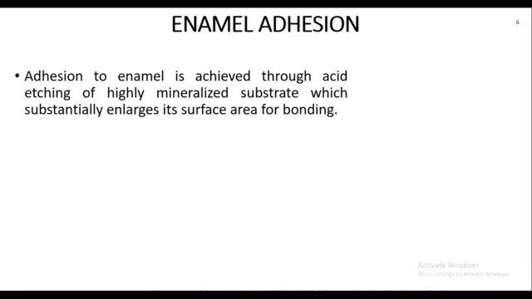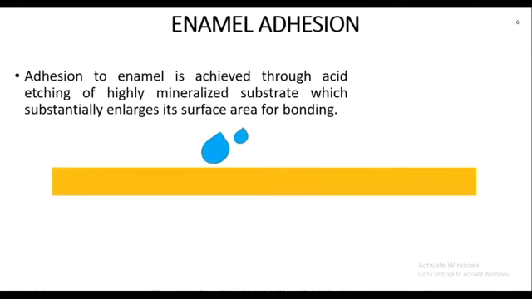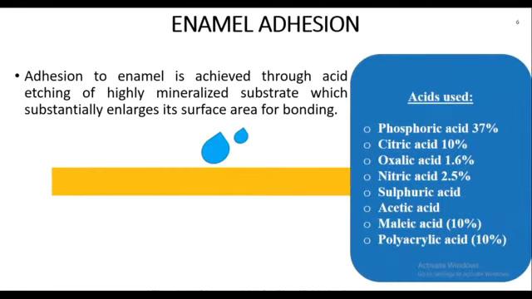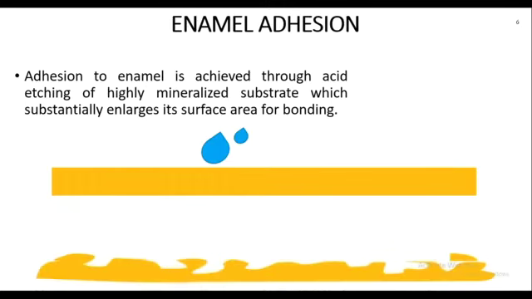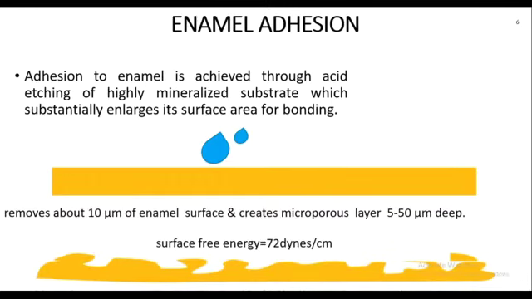So now adhesion to the enamel is achieved through acid etching of the immobilized substrate, which substantially enlarges the surface area for bonding. Whenever you etch the enamel with certain acids like phosphoric acid, citric acid, oxalic acid, nitric acid, sulfuric acid, after you etch, there are microporous layers formed on the enamel surface.